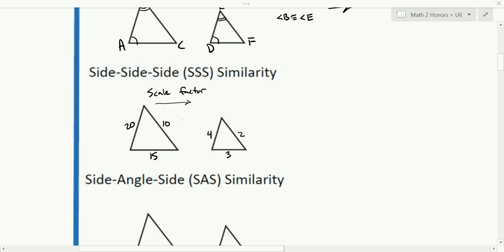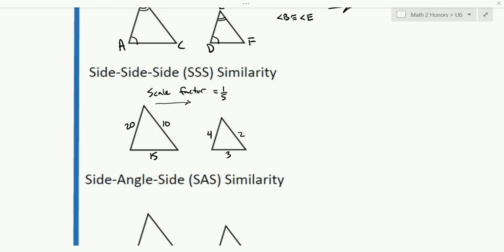So that means you multiply all these by 5 to get here. You multiply by your scale factor. So we're actually getting smaller numbers, so we're going to have a fraction here. So our scale factor going from left to right would be 1/5. Now, if we started with the small triangle and I said, what's the scale factor from the smaller triangle to the larger triangle, then you'd say 5. Okay.